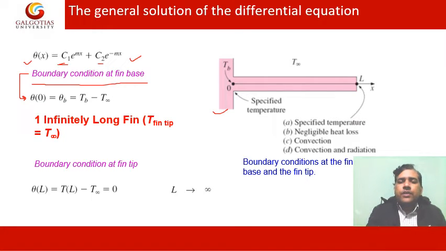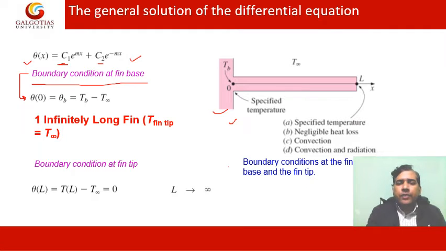In order to solve this equation, we need boundary conditions at two places: one at the base of the fin, and also the boundary condition at the tip of the fin. Okay, so here at the base, the fin has a specified temperature.